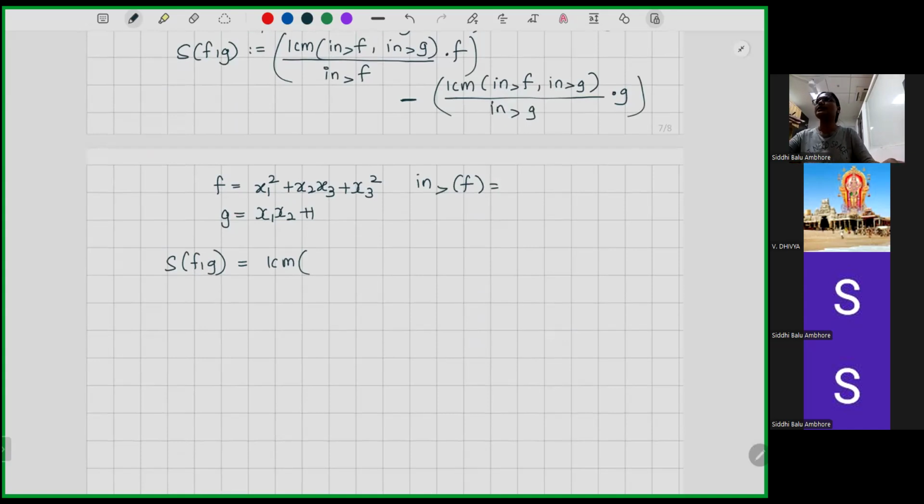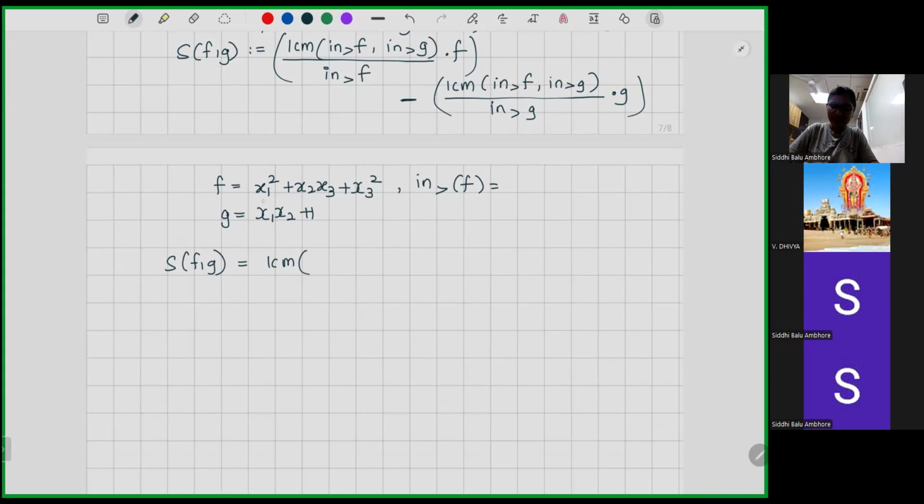Last time, if you remember, in case of lexicographic order, if degree is equal, the variable with the least index must have the highest power for it to be bigger. But in case of graded reverse lexicographic order, the variable with the highest index must have the lowest power.